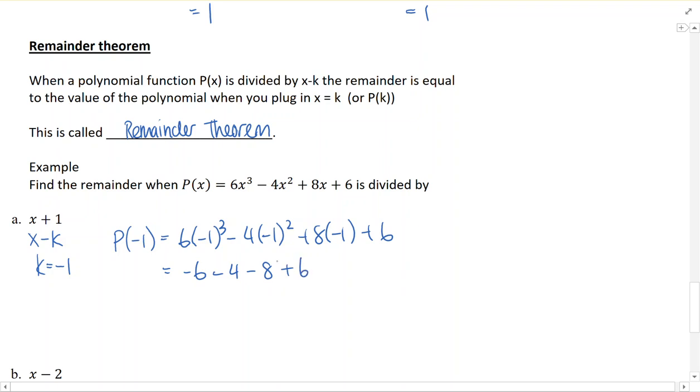The 6s cancel each other out, so we're left with negative 12. So even without long division or synthetic division, just by putting this number into the function, we know that if we divided this by x plus 1, our remainder is negative 12.